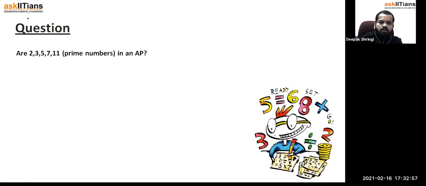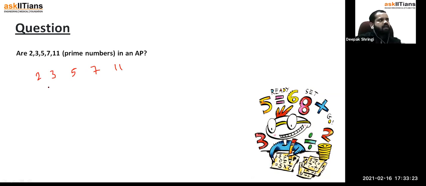Okay. So the question is 2, 3, 5, 7, 11. These are prime numbers. The question is asking whether these numbers are an AP. For an AP, the common difference should be the same. What is common difference?